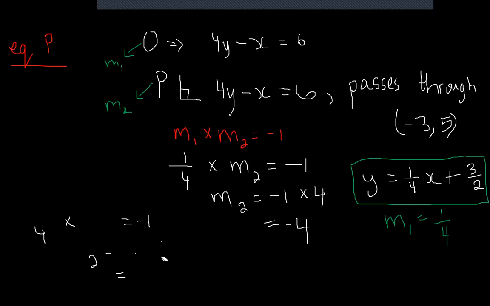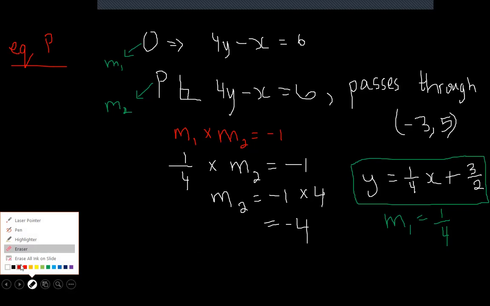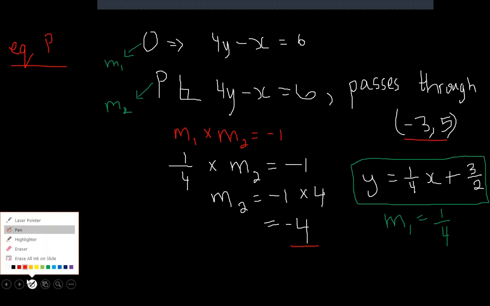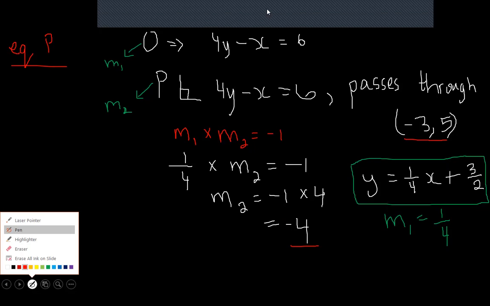So now I know that the gradient of the line P is -4. And I have the point. They told me that it passes through the point -3,5. And we have the gradient -4. People who weren't with me for the other classes, you might not know this topic, but don't worry, the recording is in Google Classroom, so you can look at that whenever.